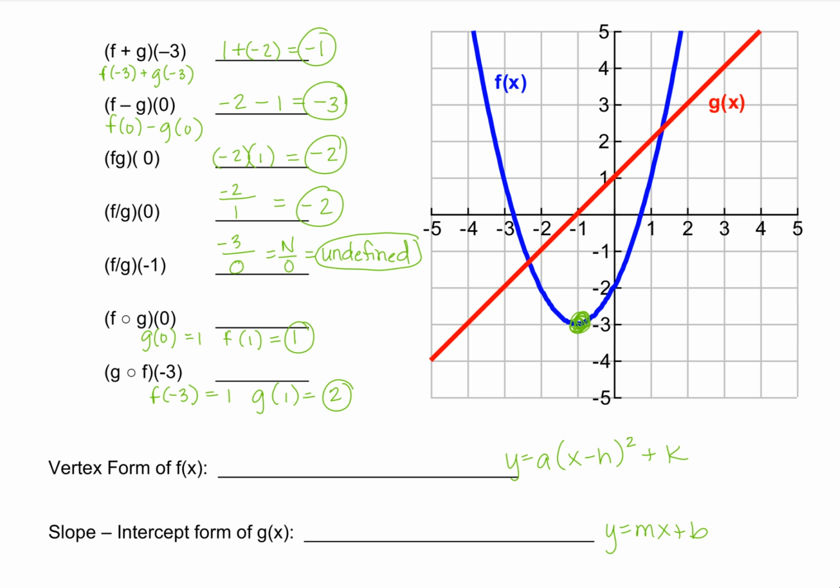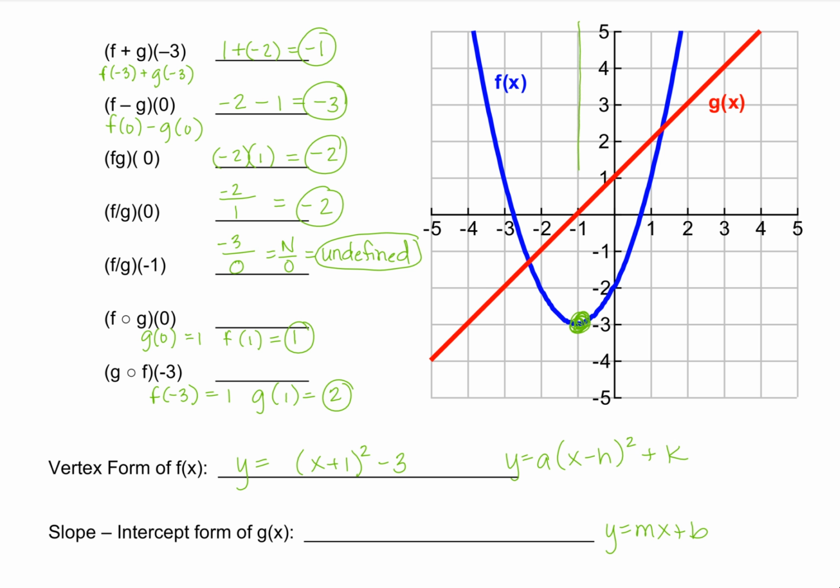He occurs at negative 1, negative 3. So it's y equals x. I went left 1, which is a plus 1 squared. And then I went down 3. The downs and ups, well, that's negative 3.